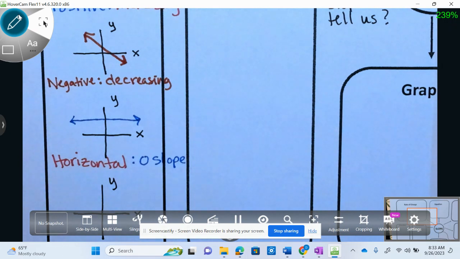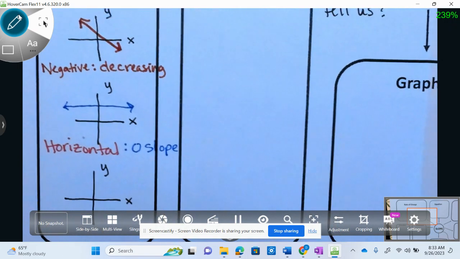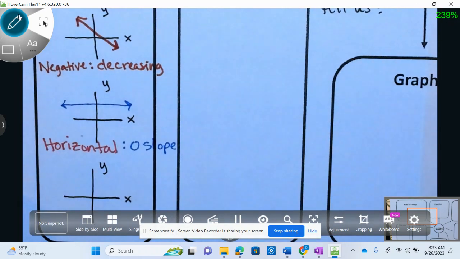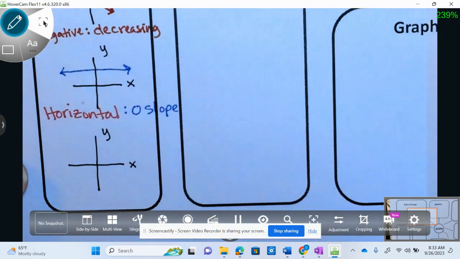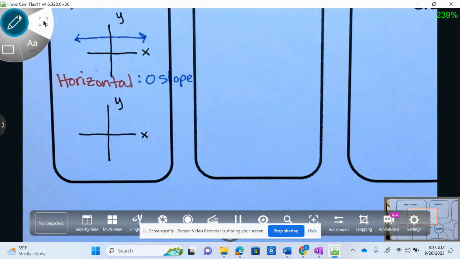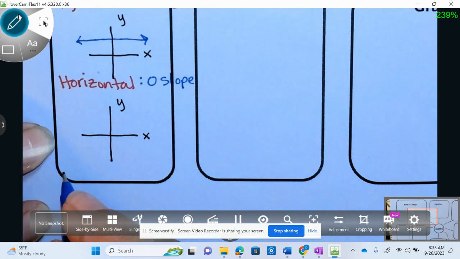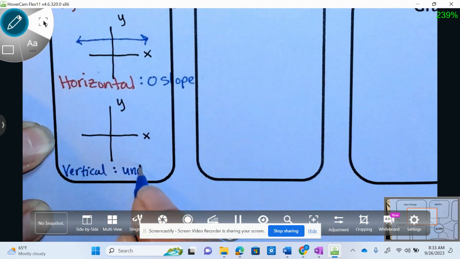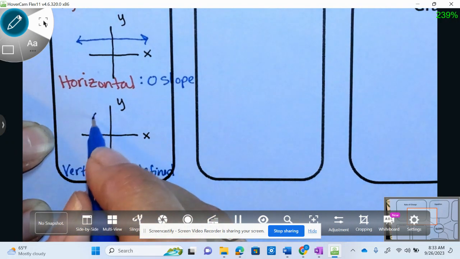And then our last direction that we learned yesterday was undefined, which is what kind of a line? A vertical line. So we could have a vertical line. Means our slope is undefined. And it looks like this.